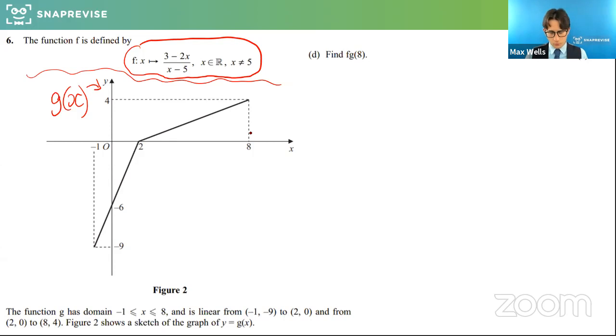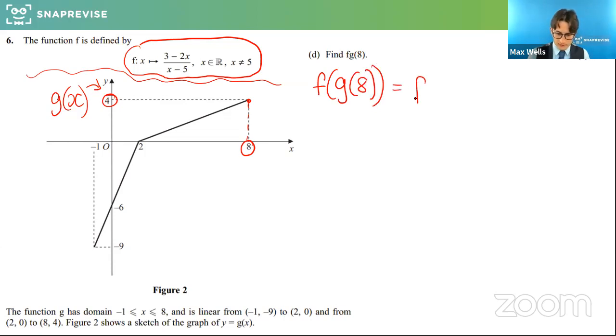Right, so we sub 8 into g of x, and when we put 8 into g of x from here, we know that the output is 4. So we're doing f of g of 8. We know that what comes out of g of 8 is 4. So then f, we're putting 4 in as the input into the f function.